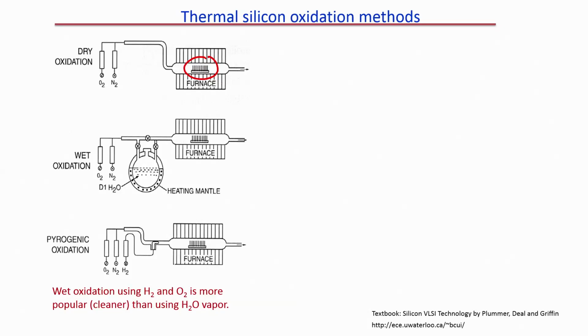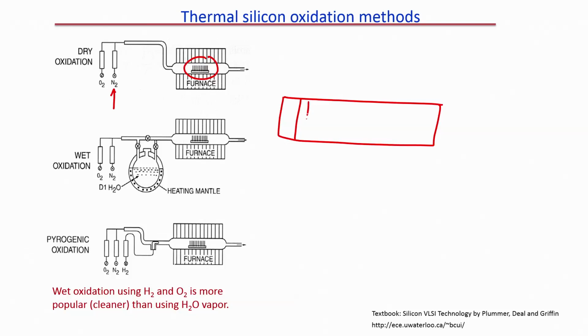So, we will first introduce nitrogen and purge out the oxygen and other gases from the chamber, so only nitrogen would be there. Now, we will insert wafers on a wafer holder.